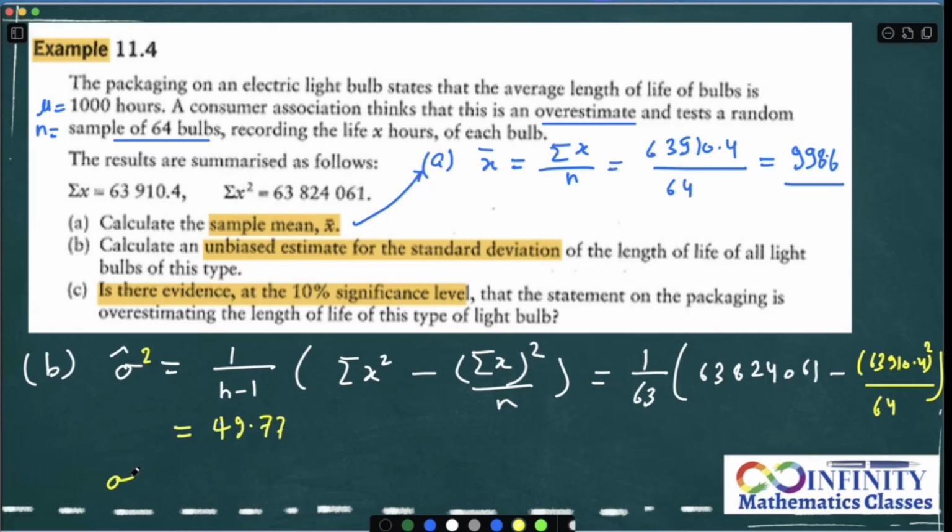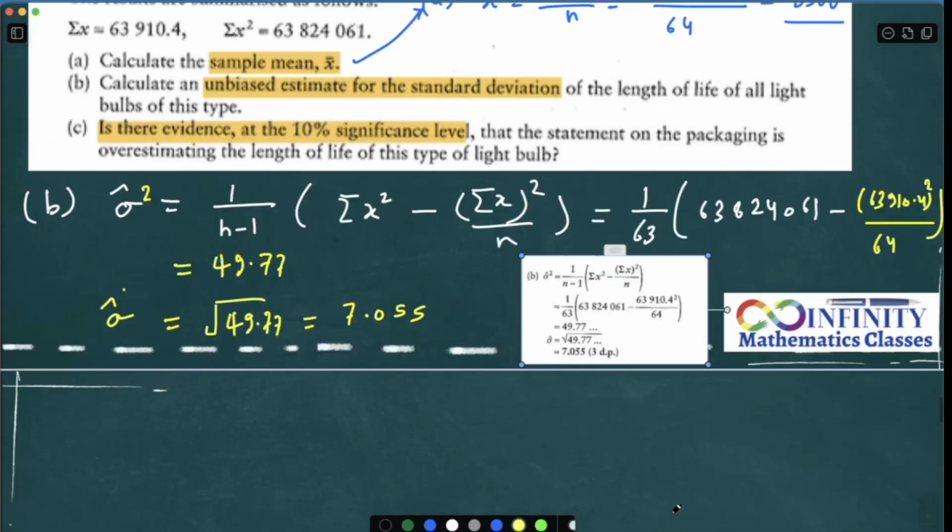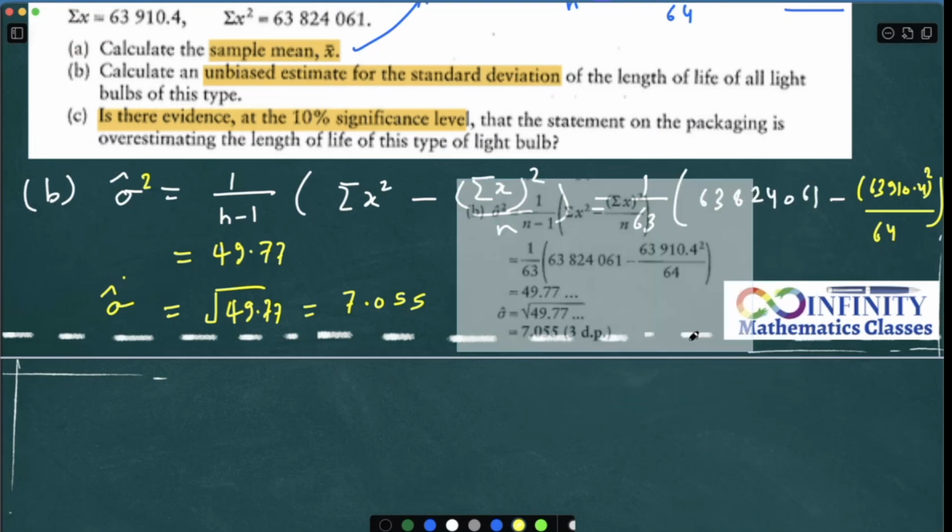So if I ask you for sigma hat, sigma hat is going to be the square root of 49.77, which is 7.055. So I'm just sharing with you the calculation they did and you did. Both are going to be the same for you. Just check. I hope it should be readable.